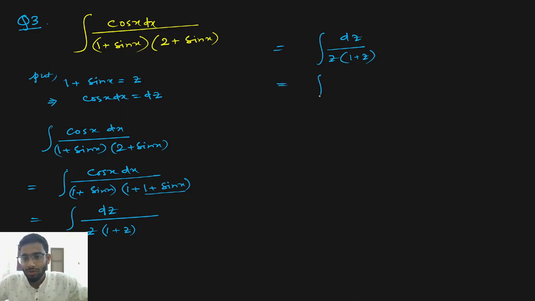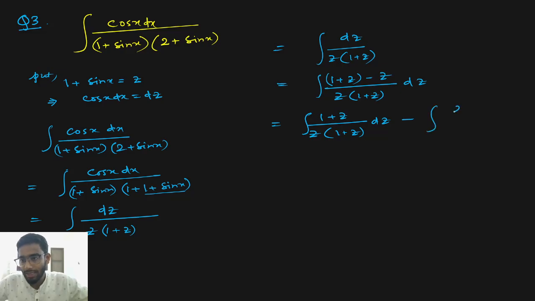Okay, so see, in the numerator we have 1, and 1 can be written as 1 plus z minus z, dz. Now we can split it. If we split this, we will get 1 plus z by z multiplied by 1 plus z dz, minus z by z into 1 plus z dz.